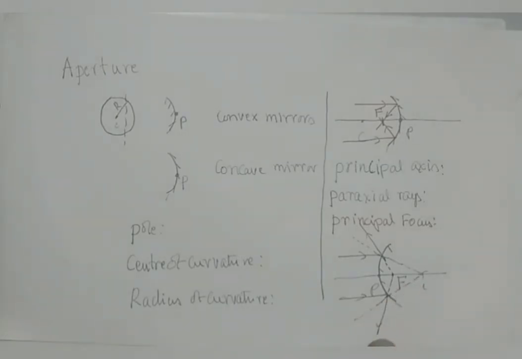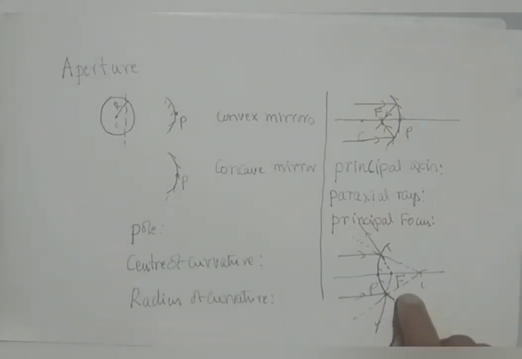Once we look into these reflected rays, they seem to come from F. Therefore, for the definition of principal focus, irrespective of whether it is concave or convex, we can say it is a point on the principal axis to which a parallel beam of light rays converges after falling on the concave mirror or appears to diverge from that point after falling on the convex mirror.